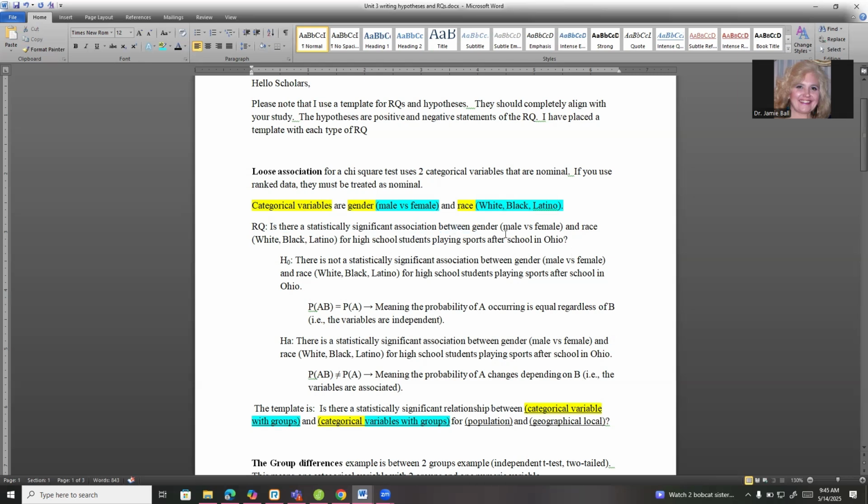And then I have my categorical variable here with the categories. Notice I put the categories in parentheses. This is not a requirement, but it is a wise idea, and I'll tell you why. As a statistician, I am frequently hired to help people with their statistics or brought on board to help with research publications or whatever.